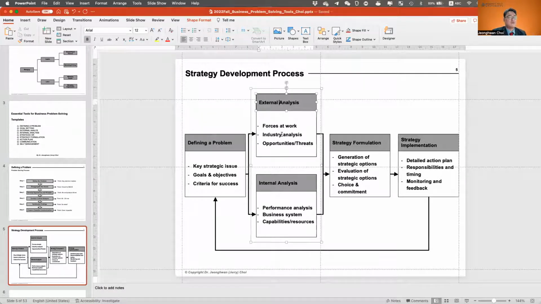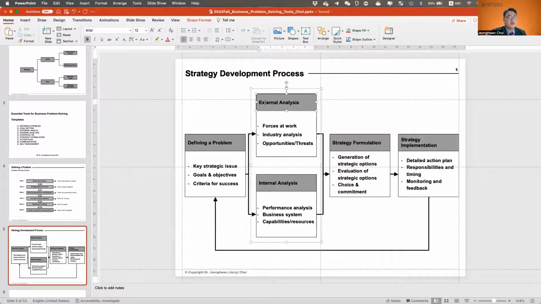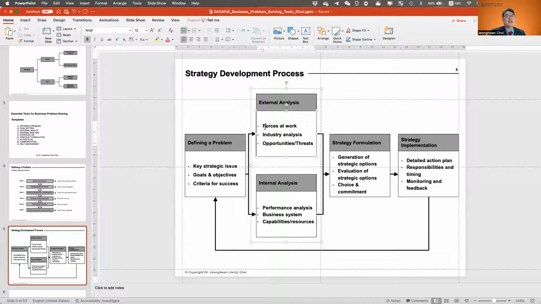When we set up the hypothesis and conduct the analysis, we usually do external analysis and internal analysis. I shared the idea of the GPGE. Okay, no my enemy. External analysis: what is now happening outside? We identify the forces at work and the industry analysis. We conduct the opportunity and threat analysis.